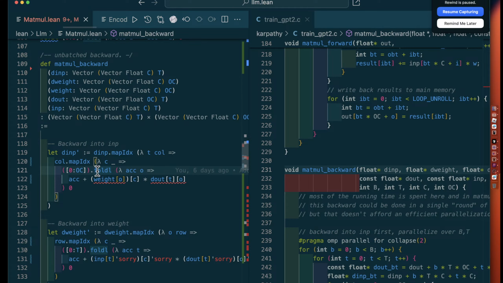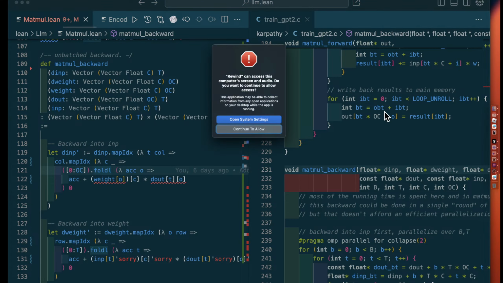Like, let's see, if it's the input prime, what is this matrix expression though? I think we should do things from first principles and then worry about optimizing later, because we don't even need it to be fast.